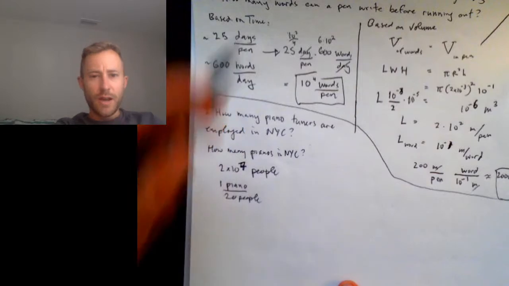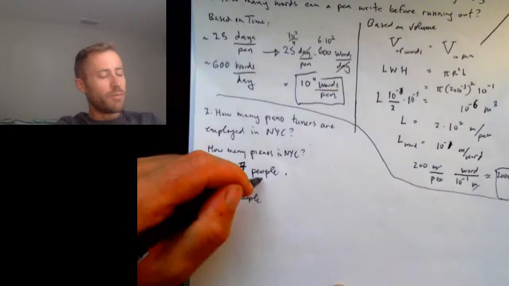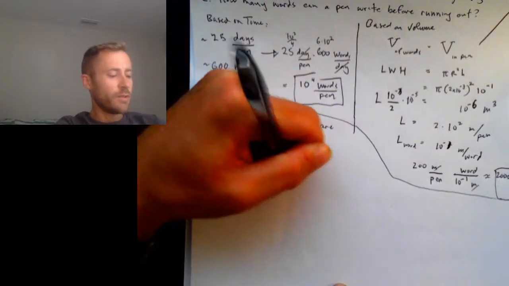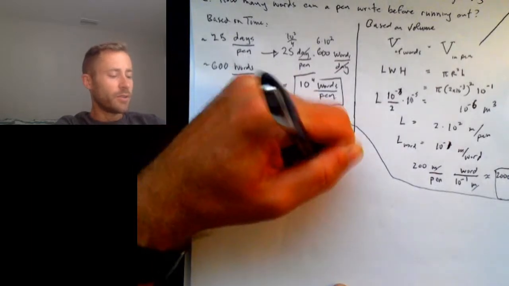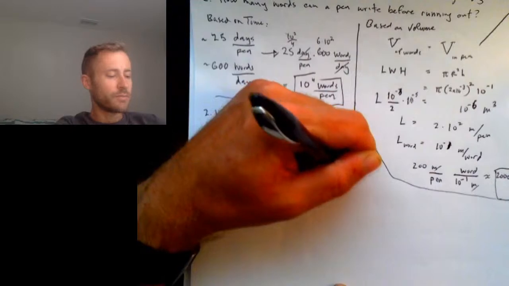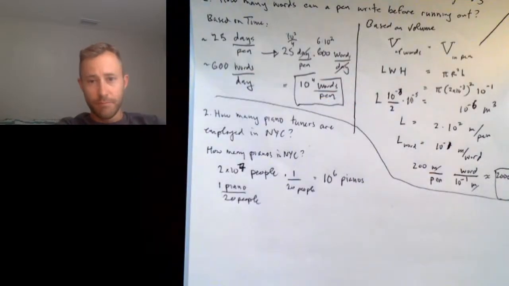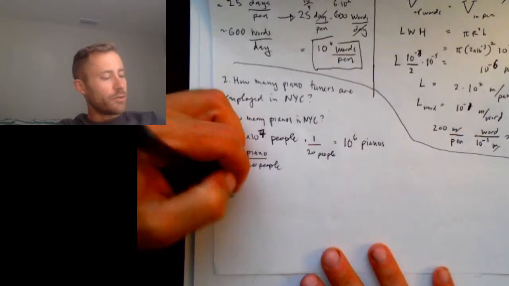So if I multiply these two together, so I have 2 times 10 to the 7 people in New York City, and then I have one piano for every 20 people, that means that there's about 10 to the 6th pianos in New York City. All right? Now we have to ask the question, how often is a piano tuned?